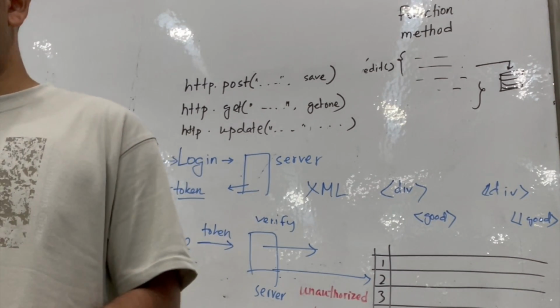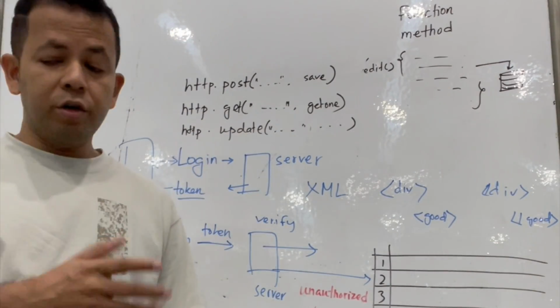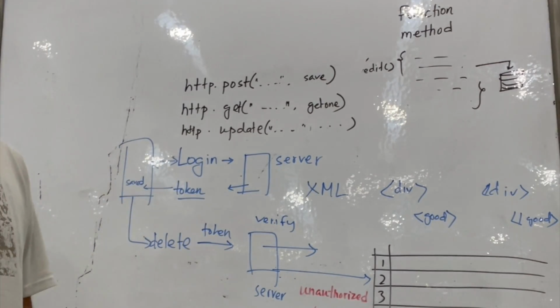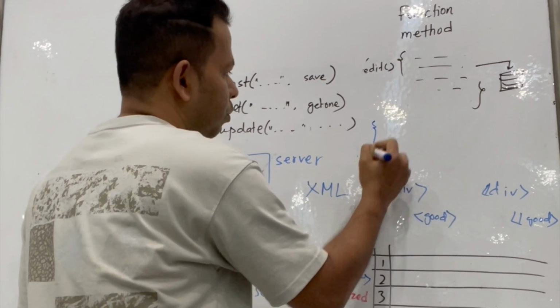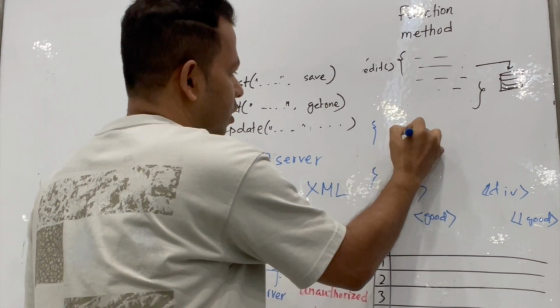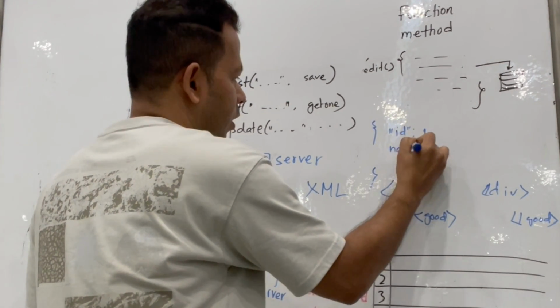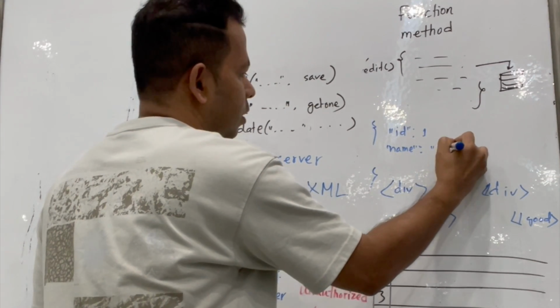Now, we already saw the format of API, so I'm not going to do that. But the modern API looks like this: ID 1, name, say Ahmed.